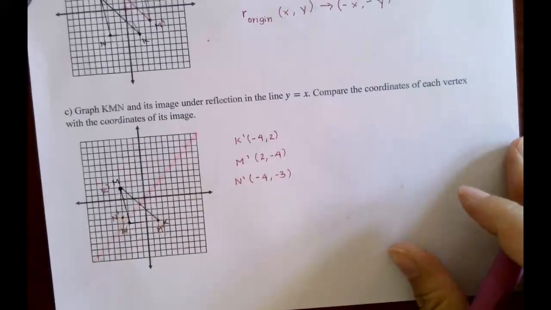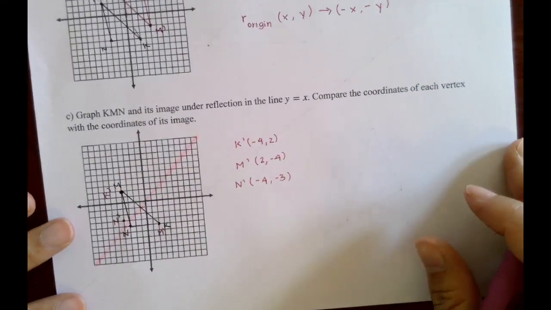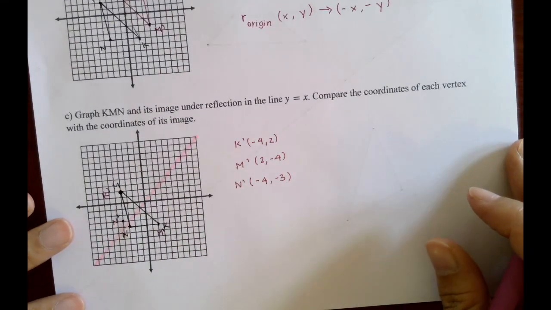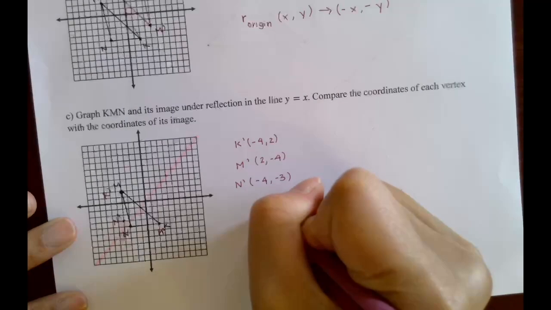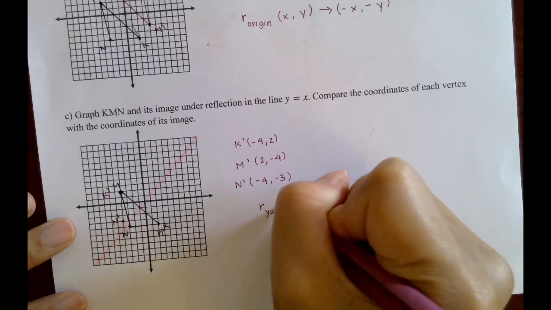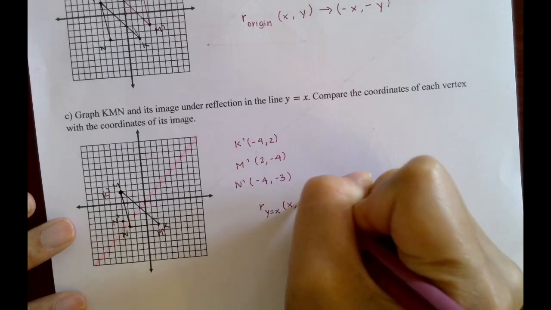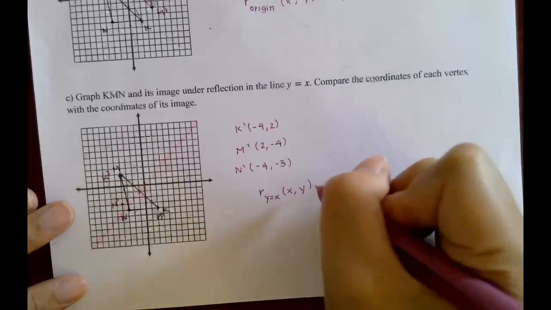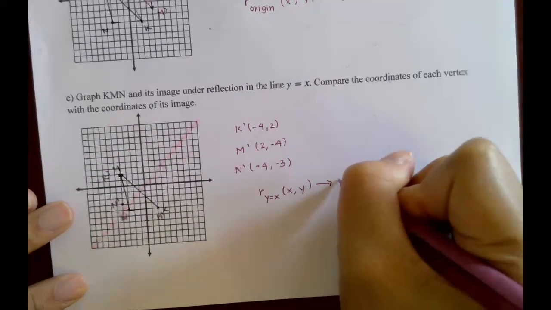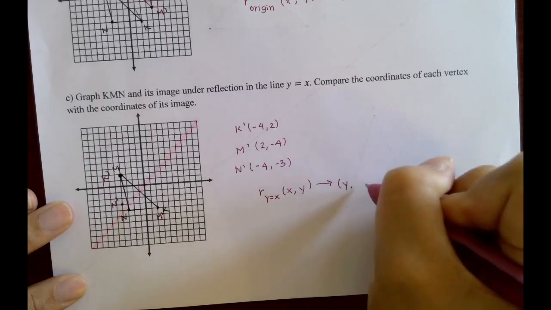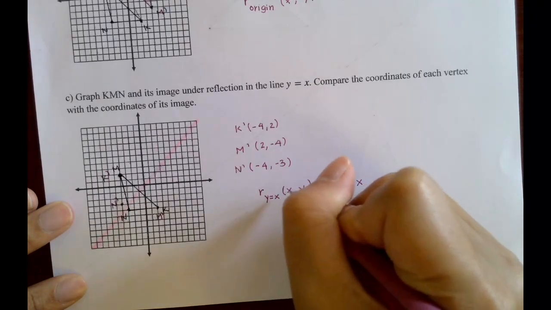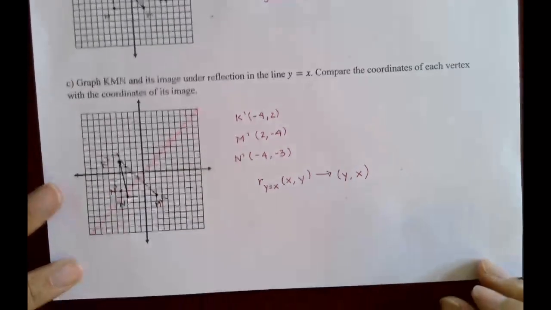And if we compare it to the originals, basically what happened is that x and y switched places. So when we reflect across y equals x, what happens is our original x and y are going to trade places. So your old y is now going to be your new x, and your old x is now going to be your new y.